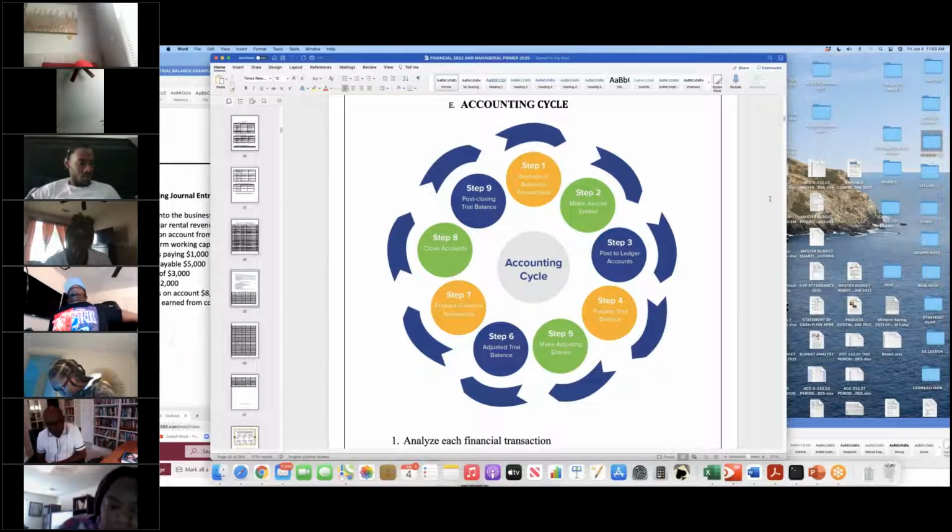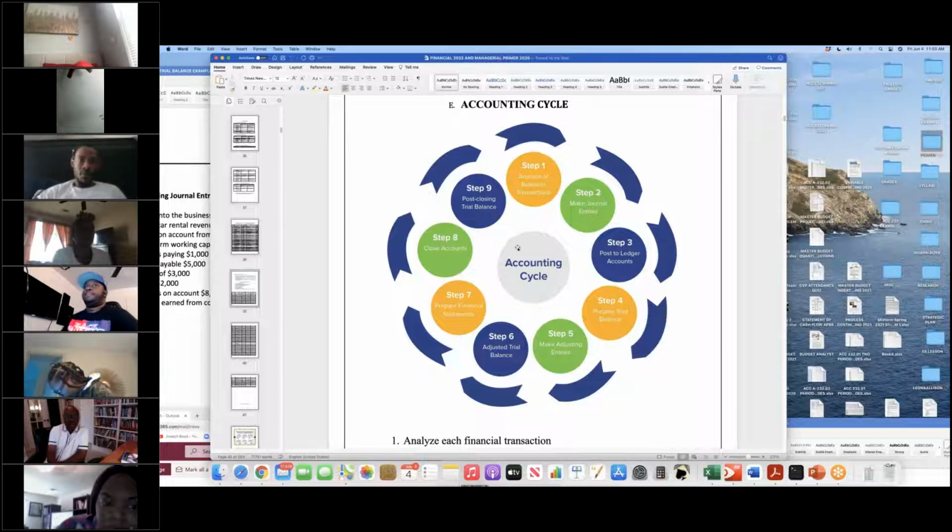Okay, so as you know, we said that our goal here is to get to step 7 and be able to prepare financial statements. And I showed you what the statements look like on day 1. Now for this first week, we've looked at steps 1 and 2, analyzing transactions and making journal entries.